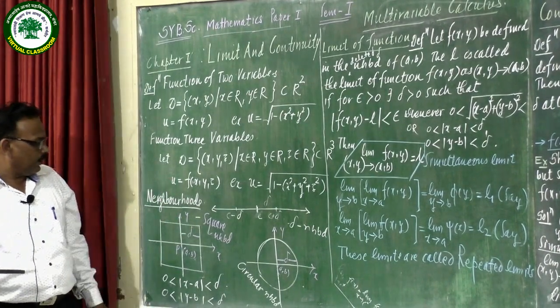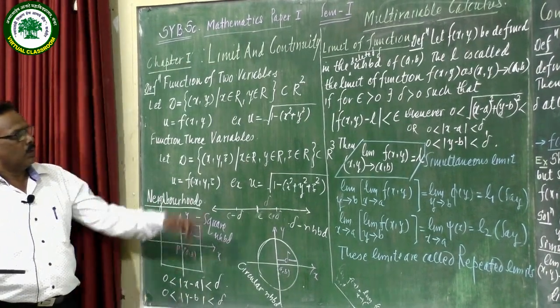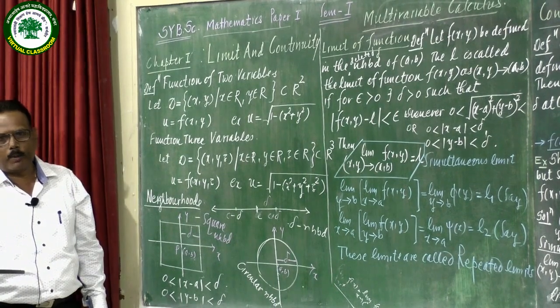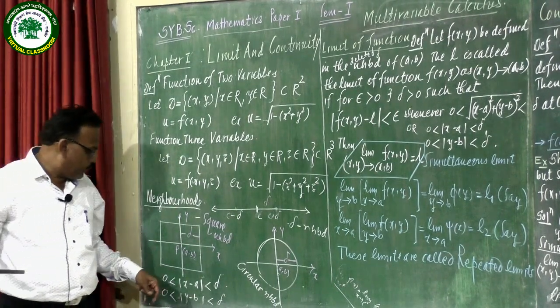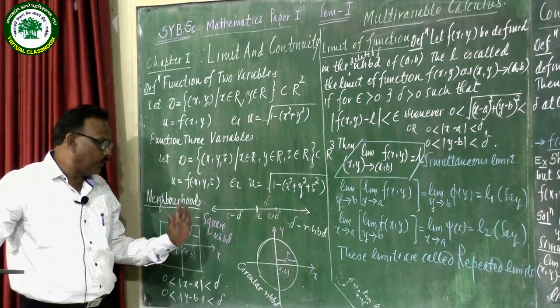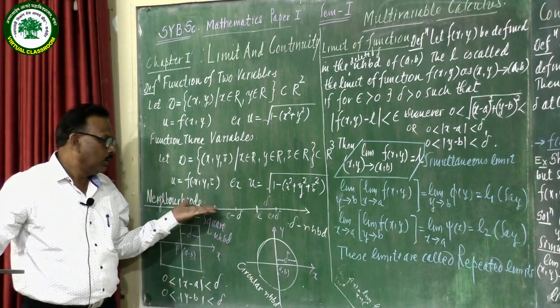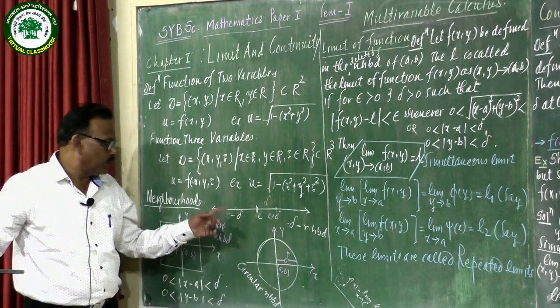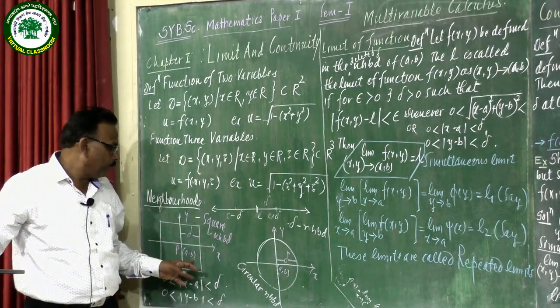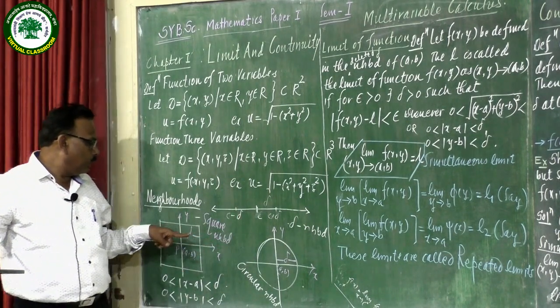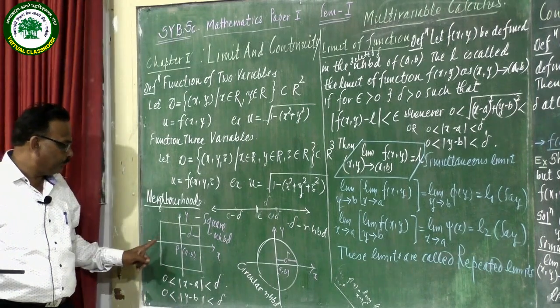In similar manner, here in this case, while you are considering function of two variables, there should be two types of regions. We are now ignoring the line, that means interval. Here it will be neighborhood, and which will be in region form.